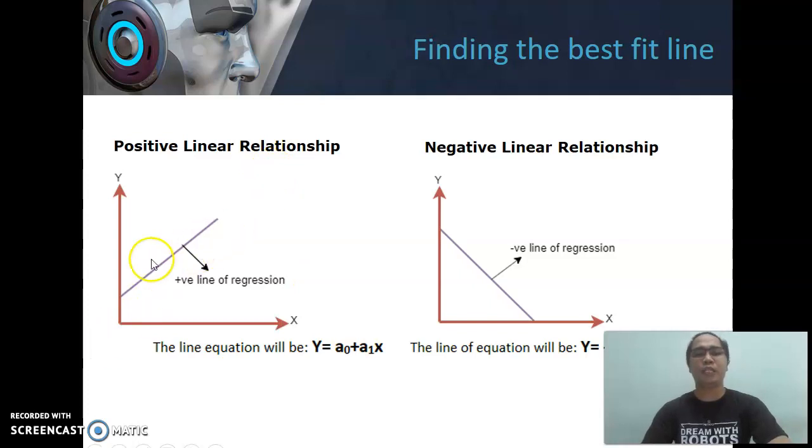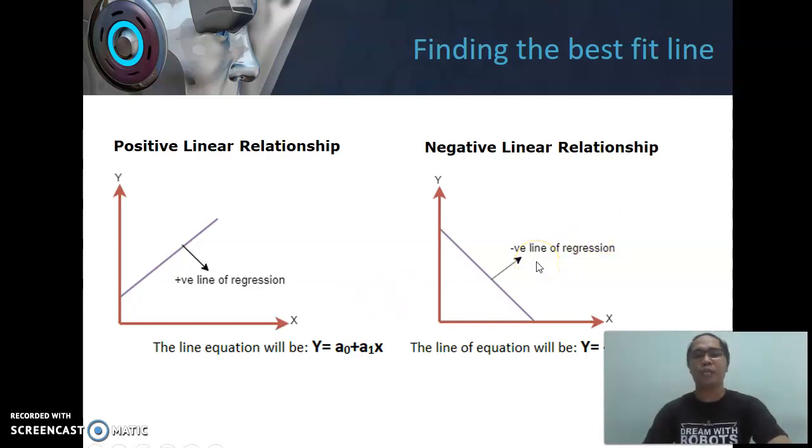As you can see in this slide, there are two diagrams: the positive linear regression and the negative linear regression. When we say positive linear regression, it means that if the variable on the y-axis increases as the variable on the x-axis increases, such a relationship is termed a positive linear relationship.